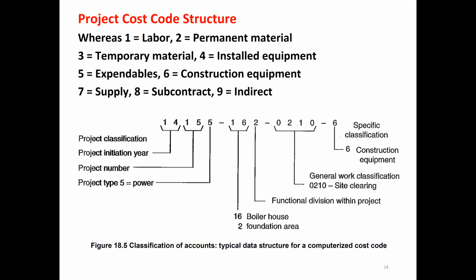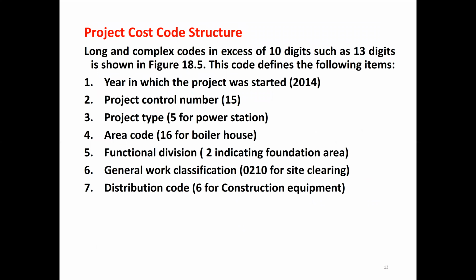Here, 14 is the project starting year, 2014. 15 is the project number, and 5 represents the project type, which means a power station. 16 is the boiler house, and 2 is for the foundation area. Similarly, going back, a long and complex code in excess of 10 digits, such as a 13-digit code, is shown in figure 18.5.